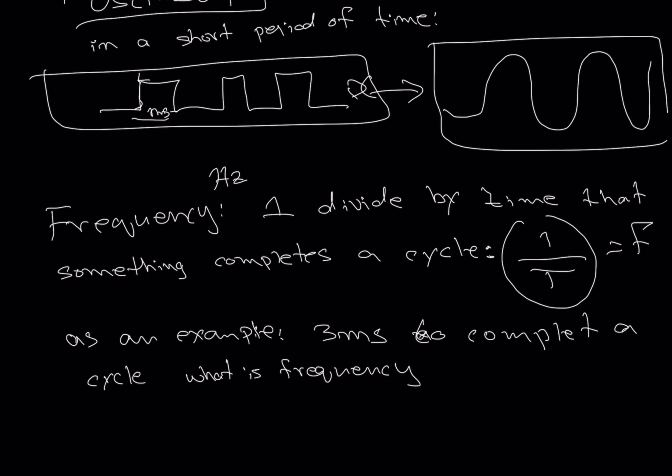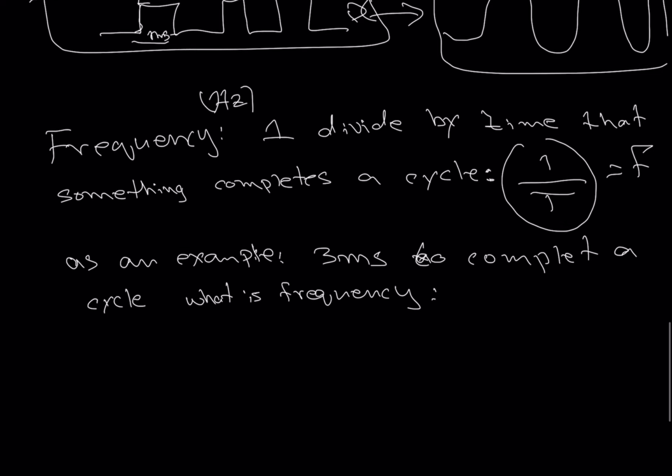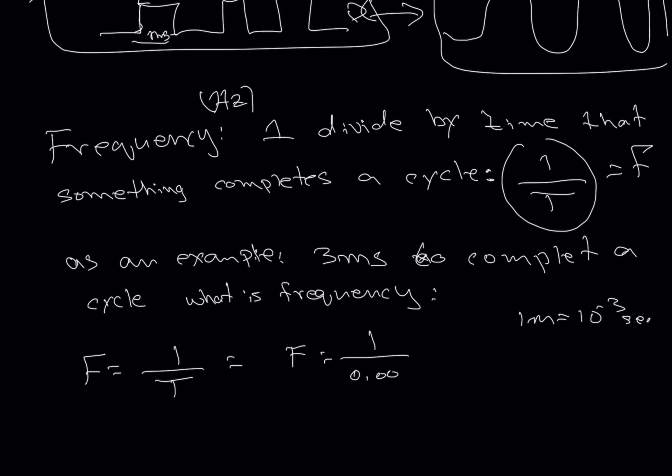Frequency is measured in hertz, Hz. By definition, F is equal to 1 over T. We said T was 3 milliseconds. 1 millisecond is equal to 10 to the negative 3 seconds, correct? So that will be 0.003 for 3 milliseconds.